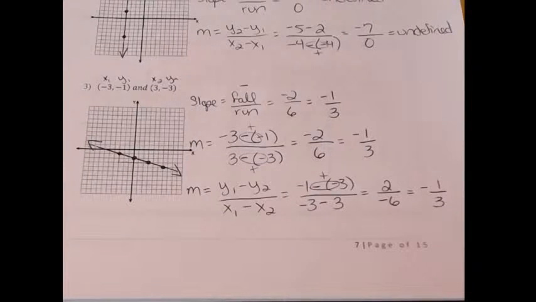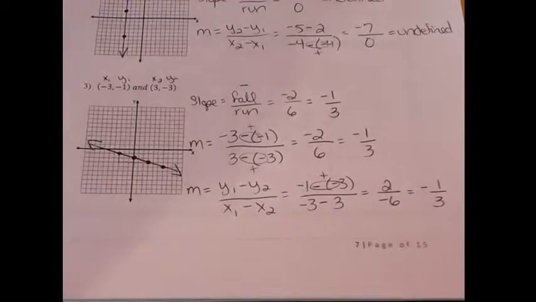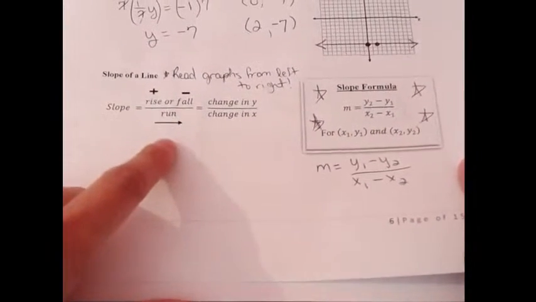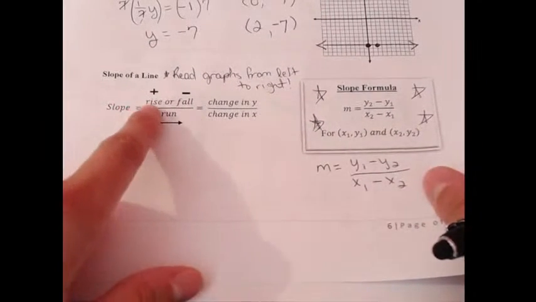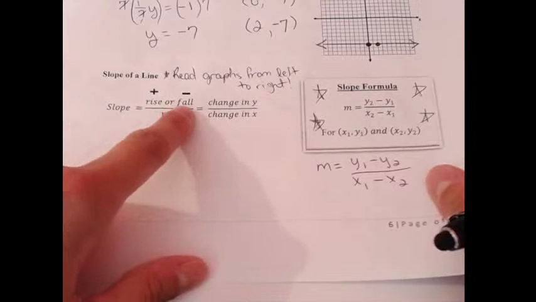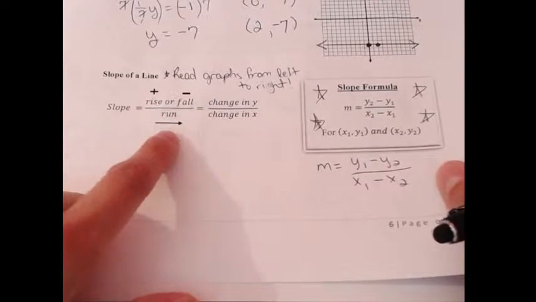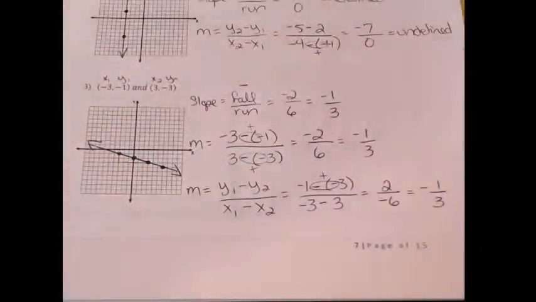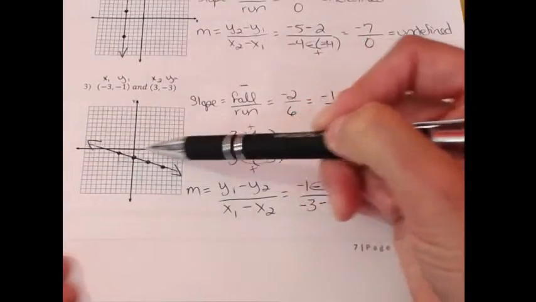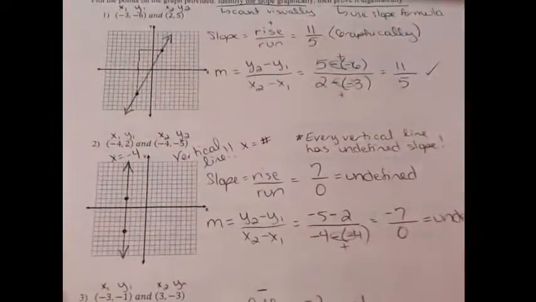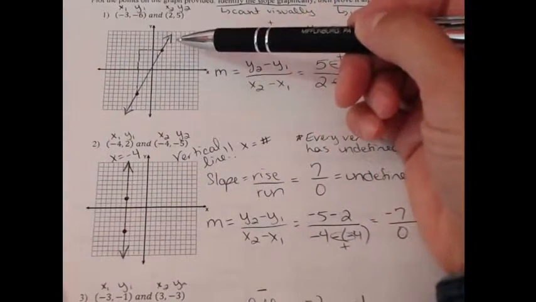Your denominator will always tell you how many places you are running. And remember, when you run, you run from left to right. As you see in our notes here, the numerator will tell you whether or not you rise or fall. The denominator tells you how many units you run to the right. So even when we fell here, we still ran to the right. Even when we rose here, we still ran to the right.